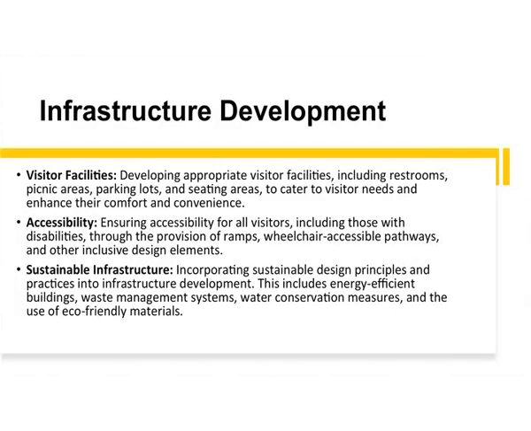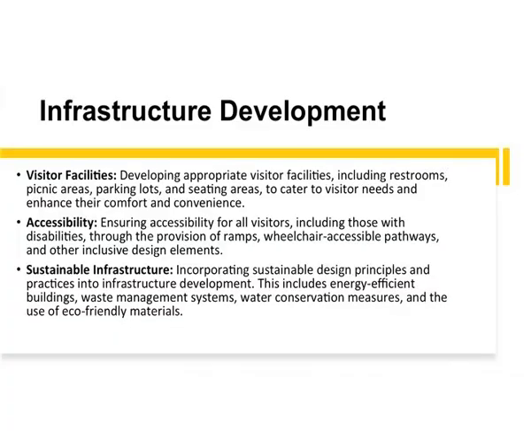Next is infrastructural development. Visitor facilities means developing appropriate facilities such as restrooms, picnic areas, parking lots and seating areas, which helps cater to visitors' needs and enhance their comfort and convenience. Accessibility includes facilities for disabled people through the provision of ramps, wheelchair accessible pathways and other inclusive designs.